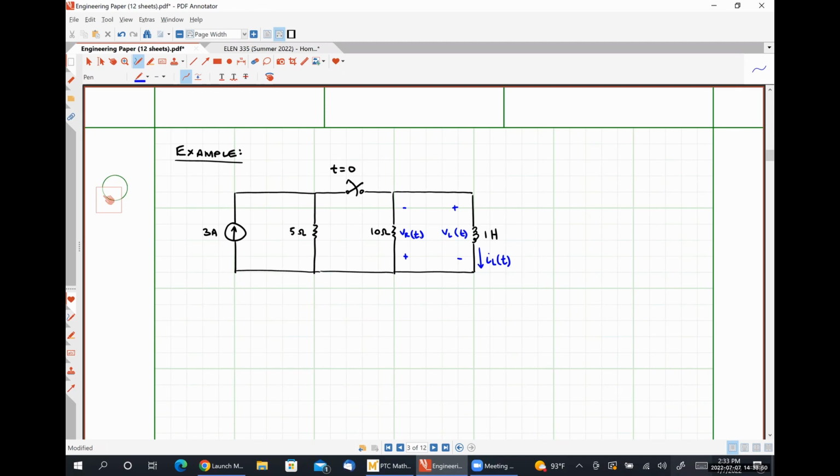Okay, and we're going to talk our way through the steps that we will use to analyze a circuit like this based on what previous knowledge that we've gained.